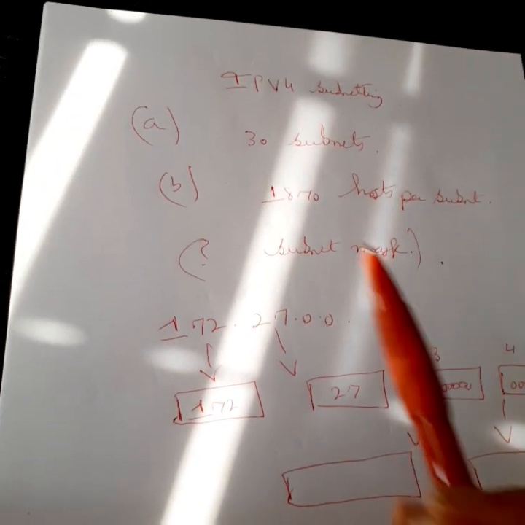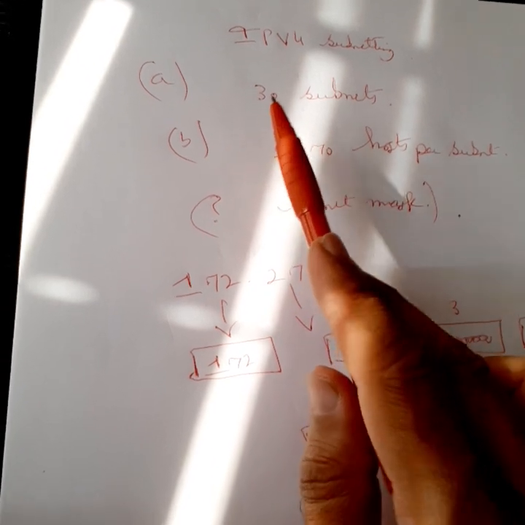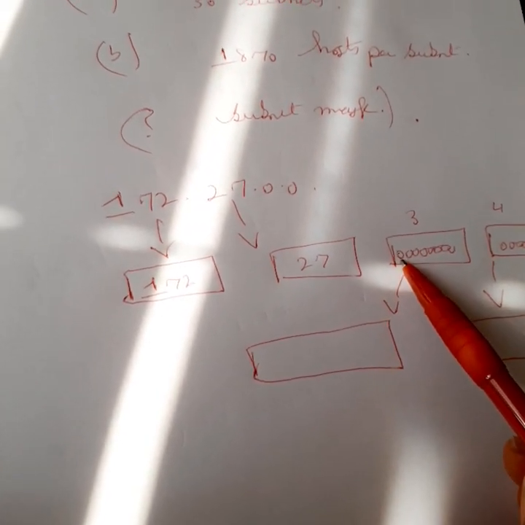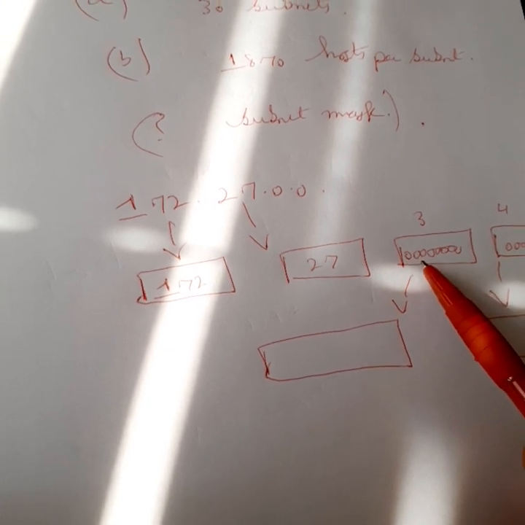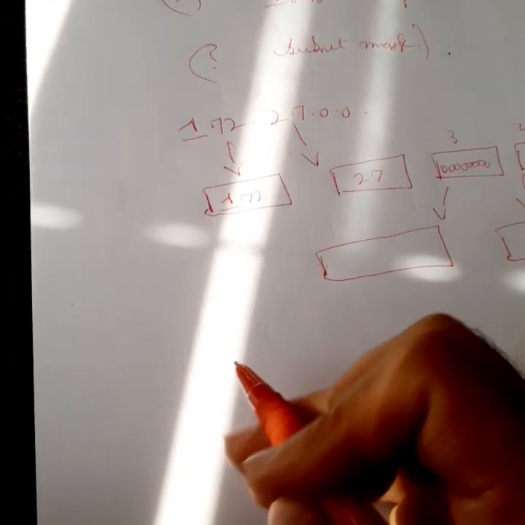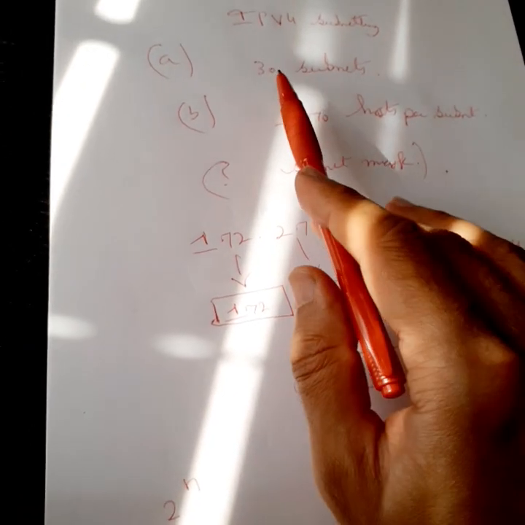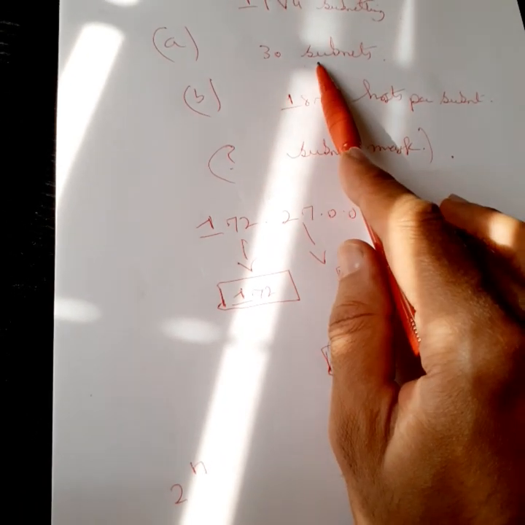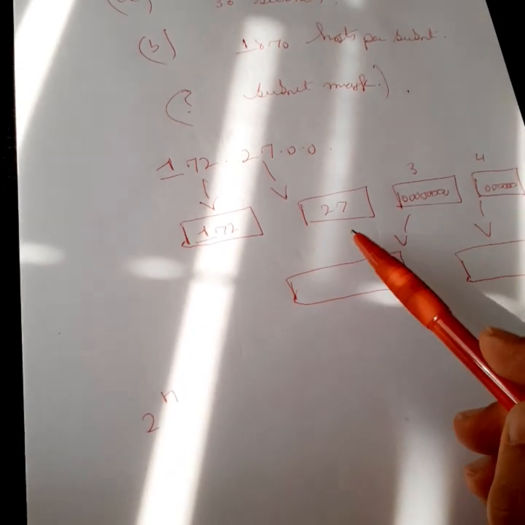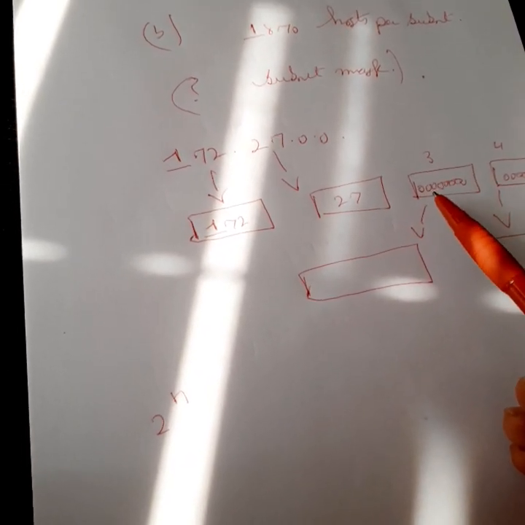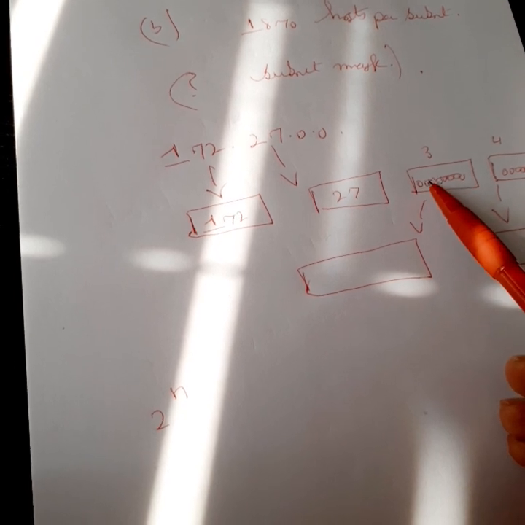As you all know, we need to get 30 subnets. So I'm going to toggle zeros to 1, because the formula is 2 to the power n to find 30 subnets. Let's see what power we get.